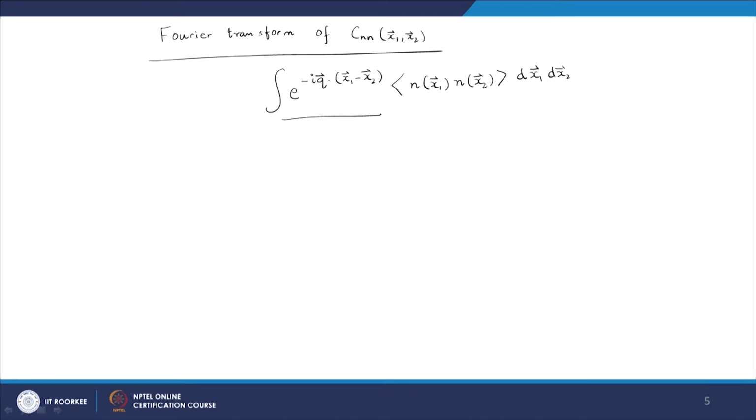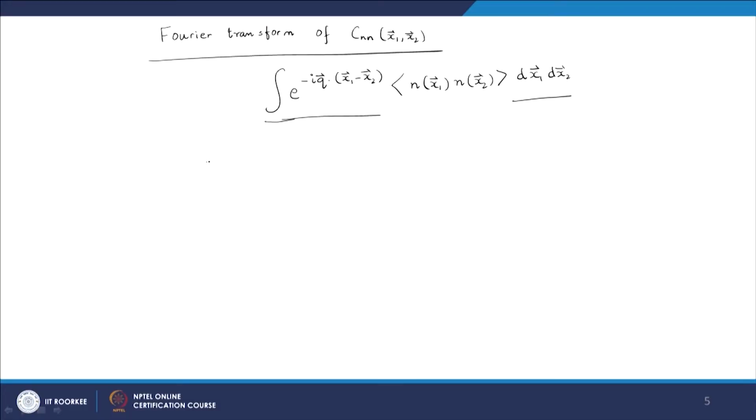So, this is what I have added to do a Fourier transform. You can see it is an extension of a Fourier transform in one dimension if you are not used to a Fourier transform in 3 dimensions. So, now I can move this thing inside. But before this, let us use the expression that I have just discussed.